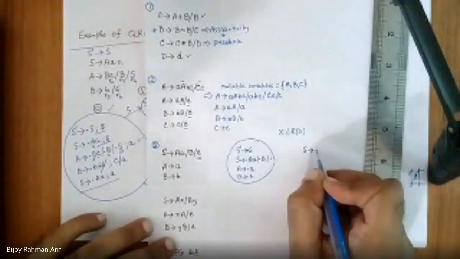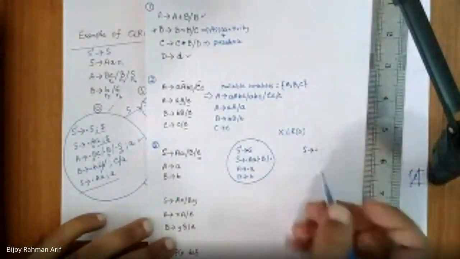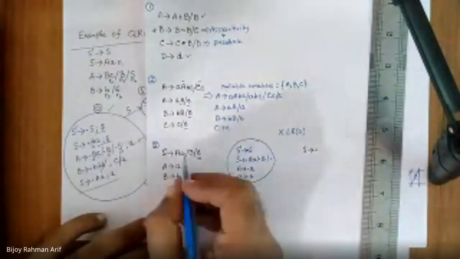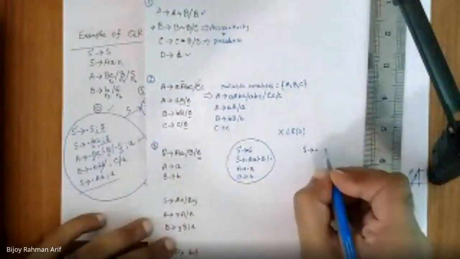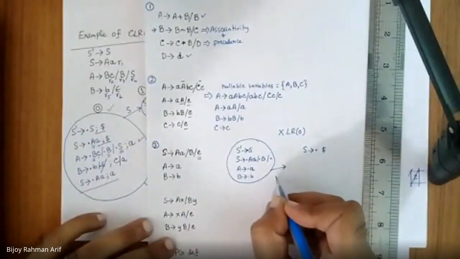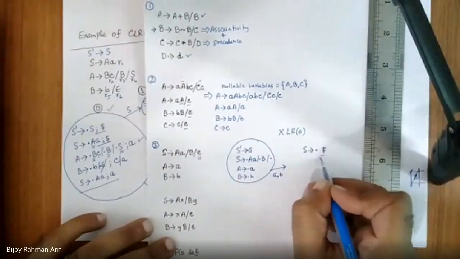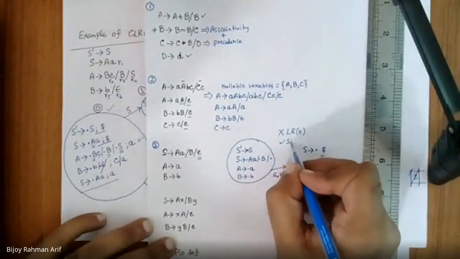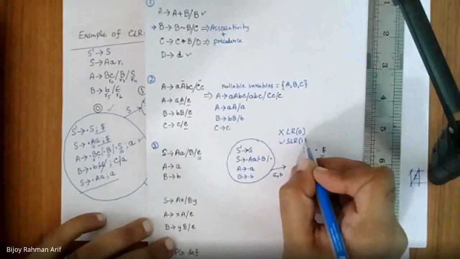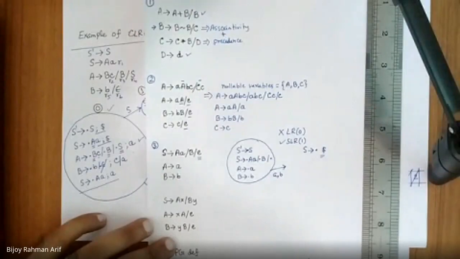Where should it be placed? In SLR1, we have to place this on the follow of S. So what is the follow of S? Follow of S is nothing but dollar. So now I have shift on a and b and my reduce is only on dollar. So definitely it is SLR1. That is the catch. Did you get it? Yes, sir.